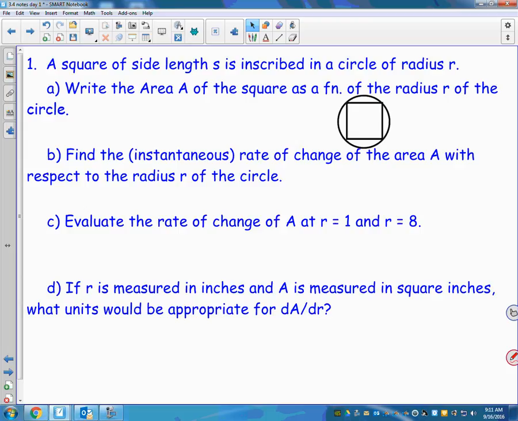It means that every corner of the square is touching the circle. So it's not just hanging out inside. Every corner here touches the circle.